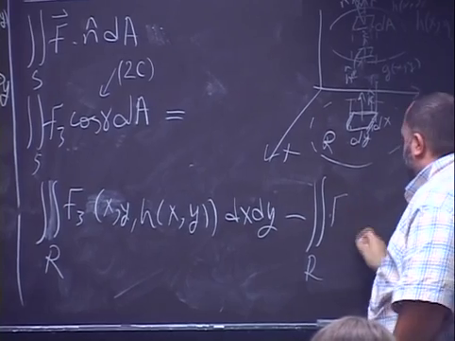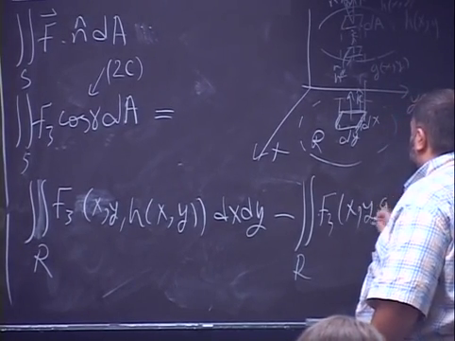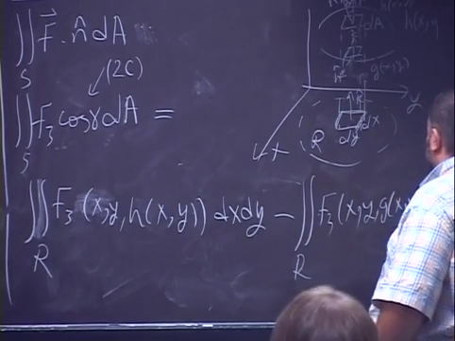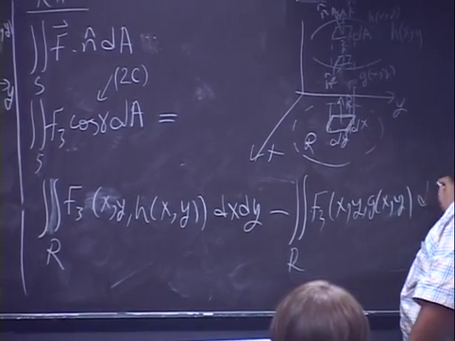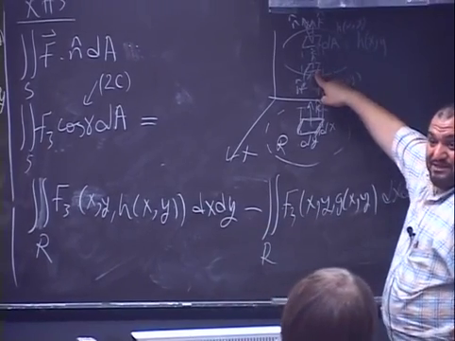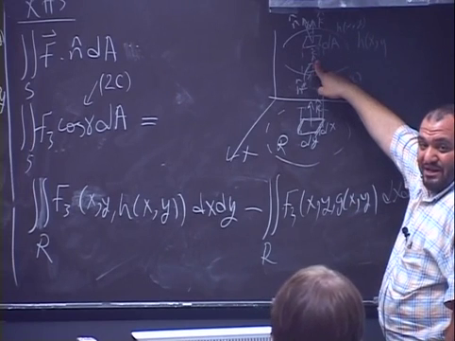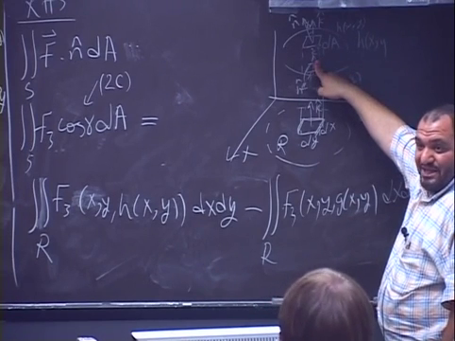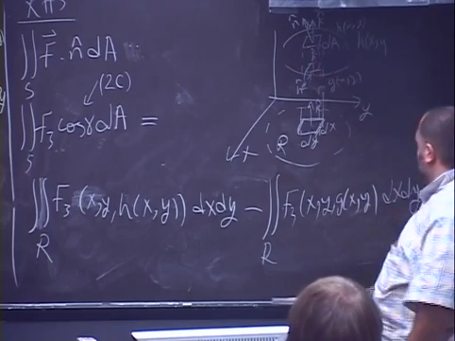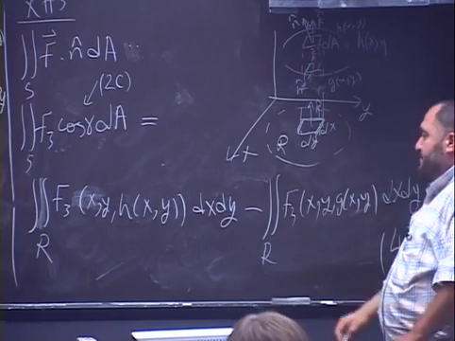So this will give me f3 of x, y, and g of x and y, and this is dx dy. The negative sign comes from the fact that you have what? You have n makes a larger angle with the z-axis here. So we will call this 4. If you look at 4 and 3, are they equal?